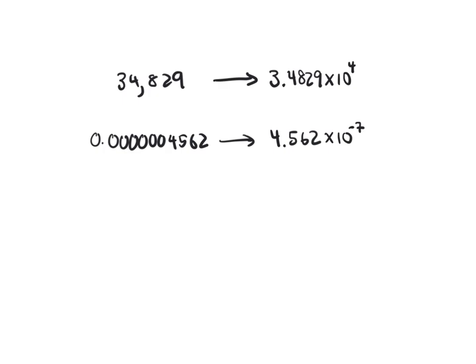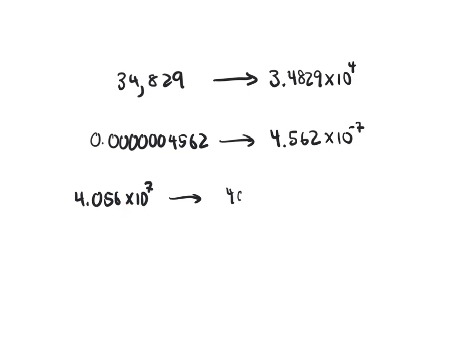If I have a number in scientific notation, so let's say I have 4.056 times 10 to the 7th, and I want to change that into decimal, then I am going to look at this exponent and ask myself, do I move the decimal to the right or to the left? This is a positive number, so I'm going to move it in the positive direction. And so I would write 4, and then I'm going to go 1, 2, 3.